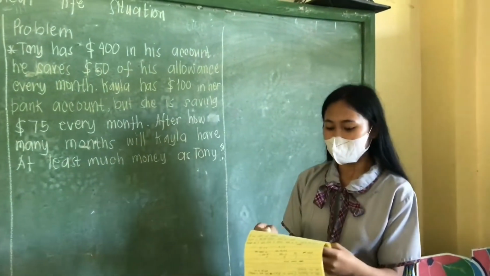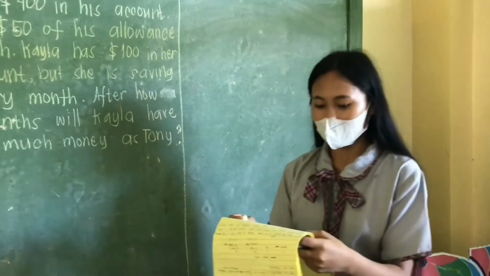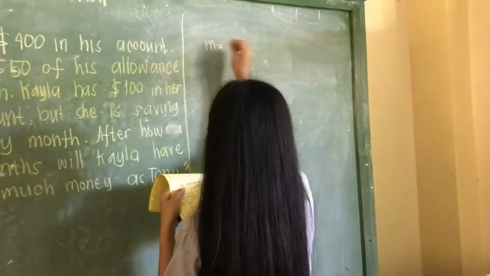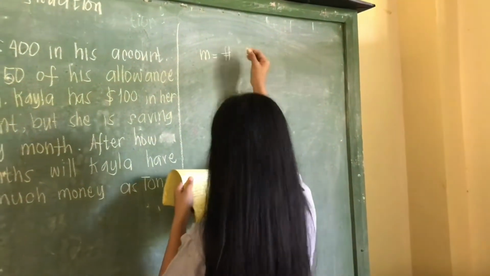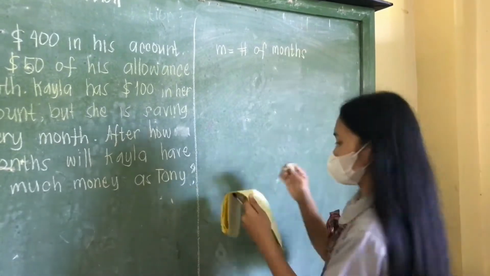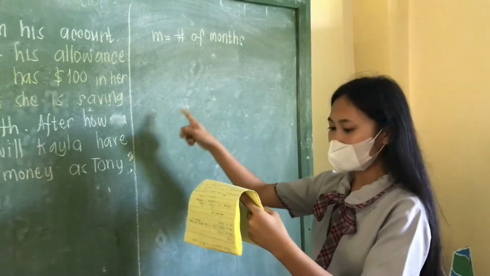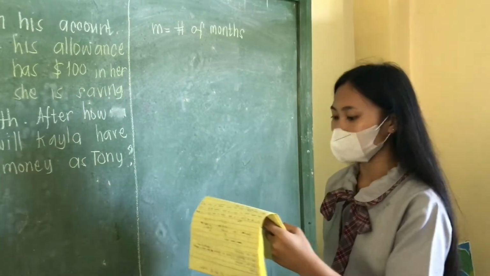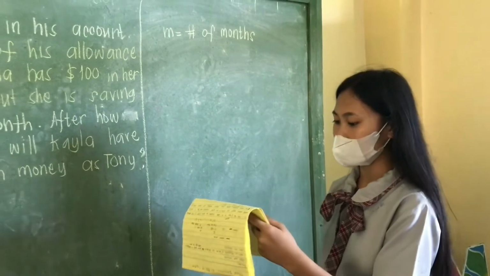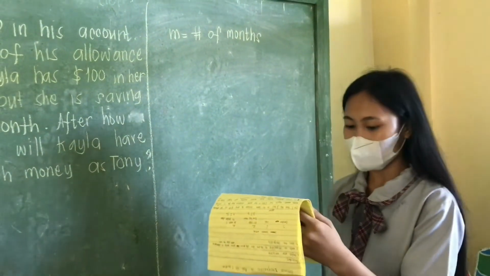So first, we're going to define our variable, and the question is asking after how many months? I'm going to say that m represents the number of months, and it is good to go ahead and write an expression for each one of the people that we're talking about.